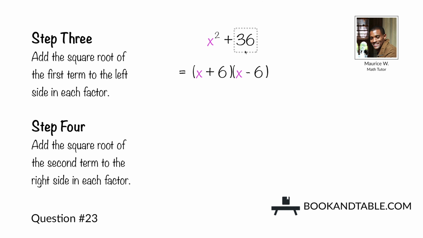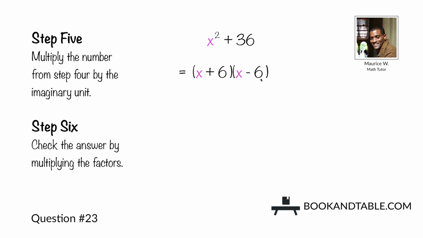And the square root of 36 is equal to 6. And now step 5, we will multiply the number from step 4, which is our 6 here and here. And we'll multiply each of those by the imaginary unit i. So we see x squared plus 36 can be factored into x plus 6i times x minus 6i.